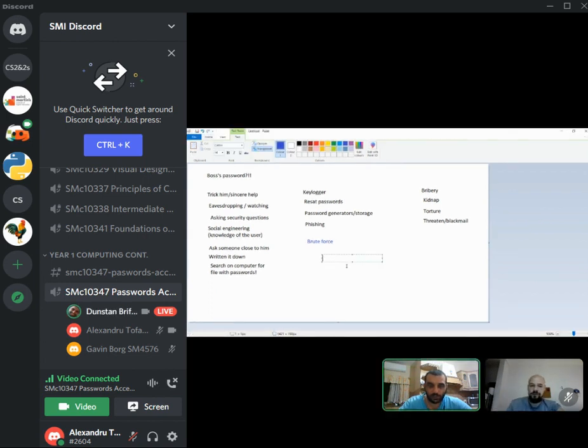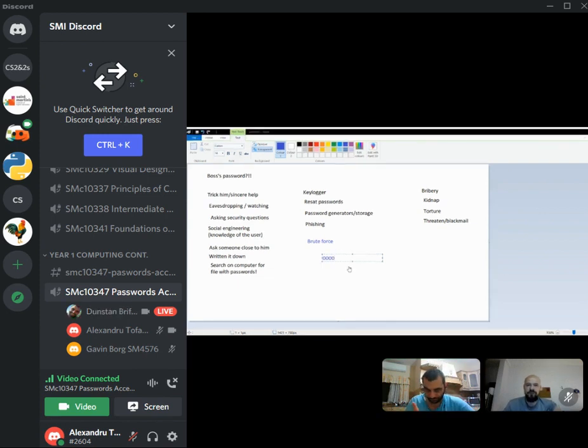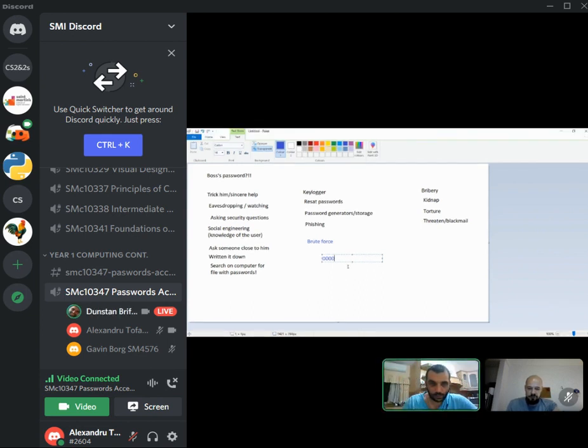If we look at a simple example of a PIN number, brute force is usually working systematically, not randomly, because randomly will be harder to finish. Okay? So systematically, brute force is working through all possible combinations. For example, if I have a 4-digit PIN number, 0000, 0001, all right? And I keep on going to 9999.